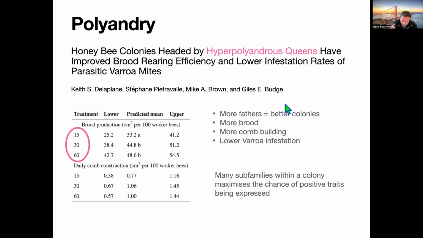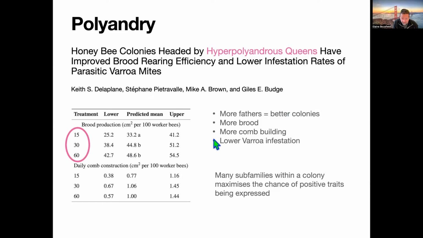It's the mixing up of all this genetic material that creates subfamilies within a colony, and each subfamily, which is made up of groups of half sisters, so they've got the same mum, different dads. The more of those you have in a colony, the more chance there is that the bees can cope with whatever comes along, changes in climatic conditions, parasites, diseases, all sorts of things.